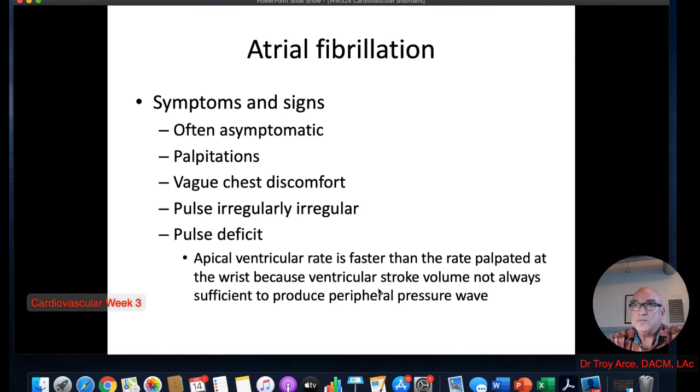So that's a quick way. If you can get a pulse down at the periphery, the blood pressure is at a certain level. So that's one quick way of finding out if their pressure is at least good enough to pump down to the periphery.